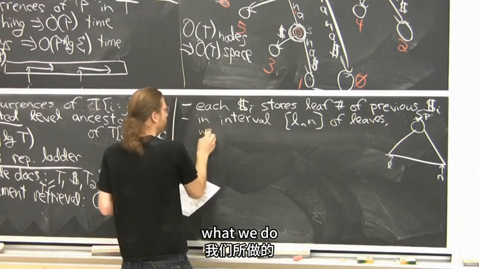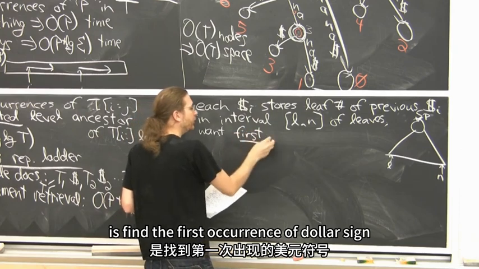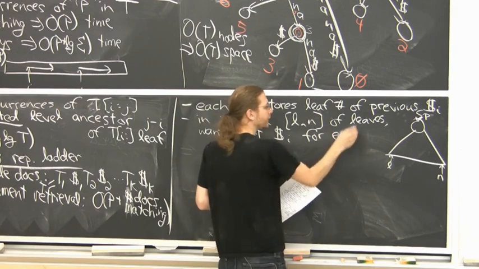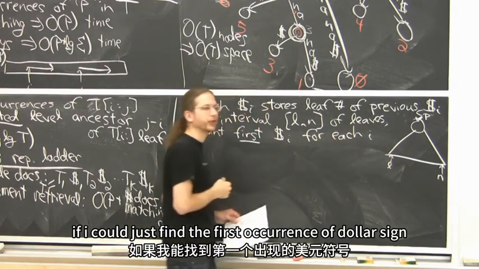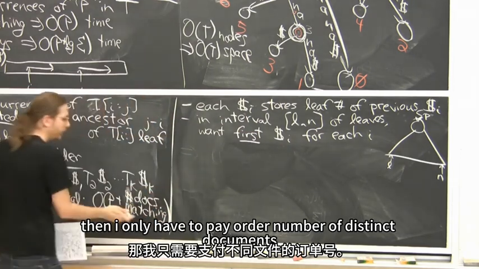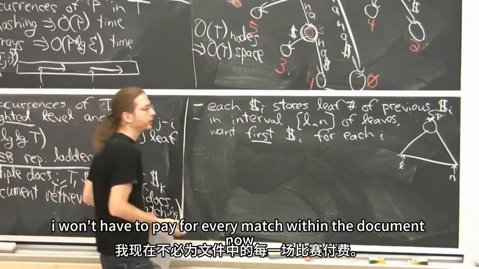How do I do that? What we do is find the first occurrence of $i for each i. If I could just find the first occurrence of $i for each i, then I only have to pay order the number of distinct documents. I won't have to pay for every match within the document.